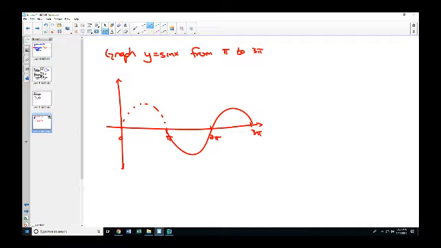Could you find graph y equals tan of x? Lots of places to find it. Is there a parent graph for it? Yeah, there is.